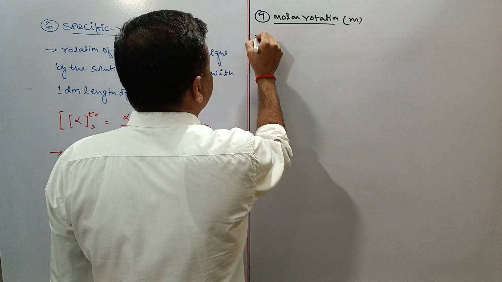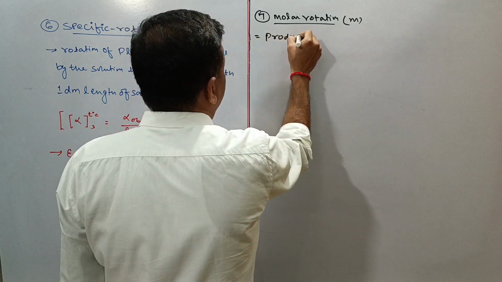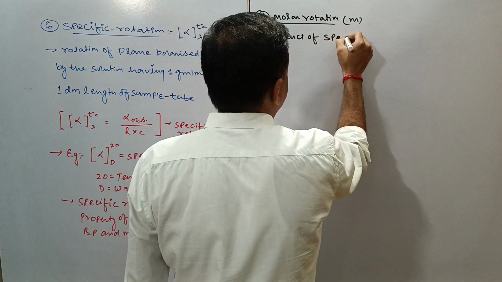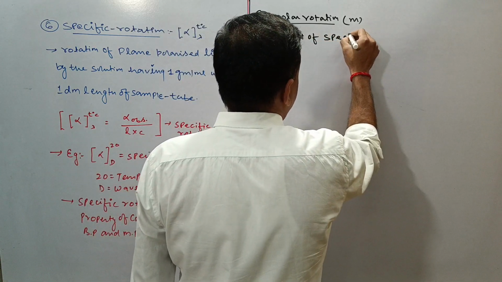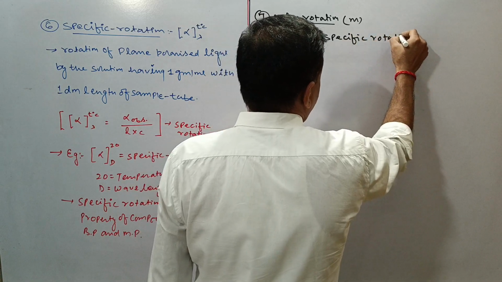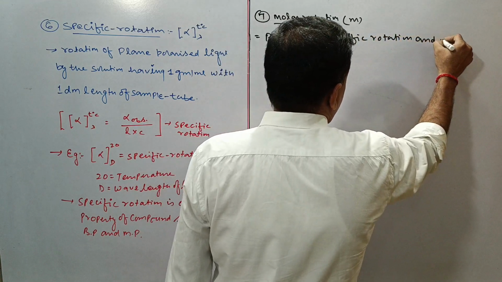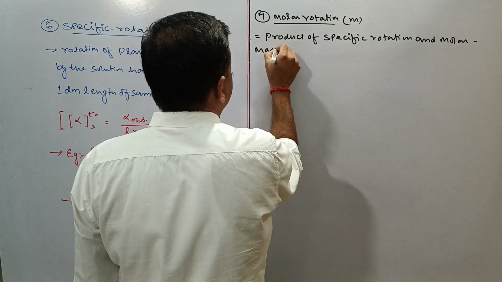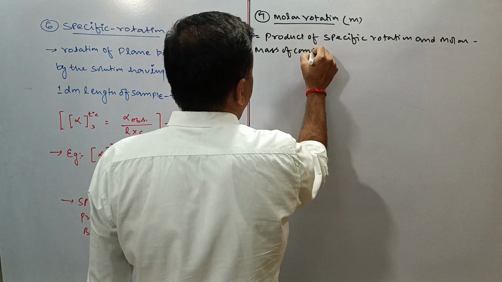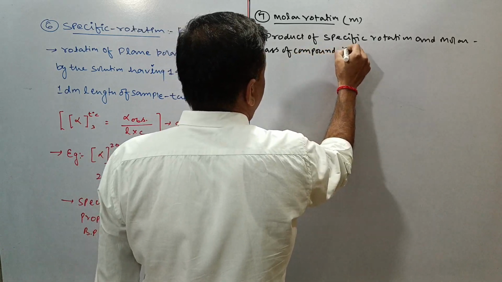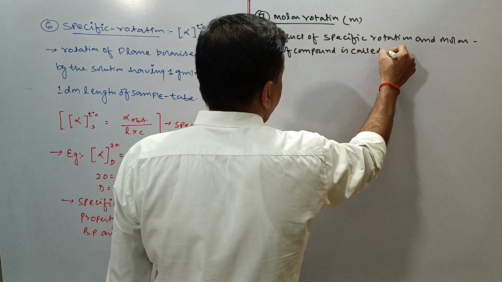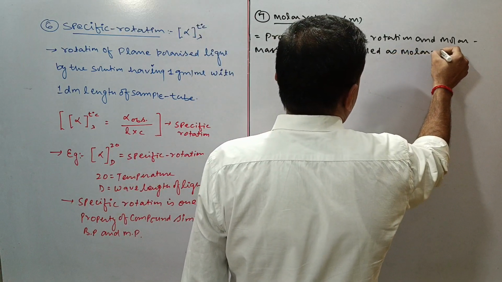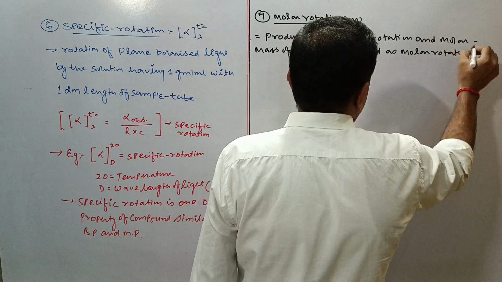You can say product of specific rotation and molar mass of compound is called as molar rotation.